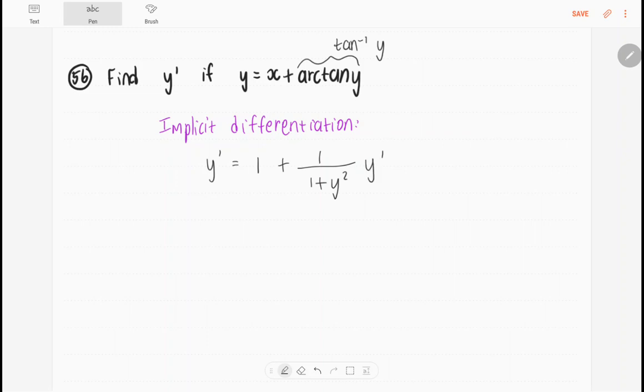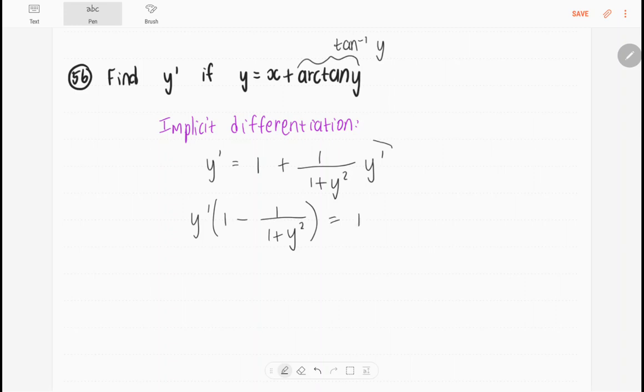Right. Our next step in implicit differentiation is to isolate y prime on the left-hand side so that we can write it as a function of y. So I have y prime times 1 minus 1 over 1 plus y squared, and then I have that equals 1.